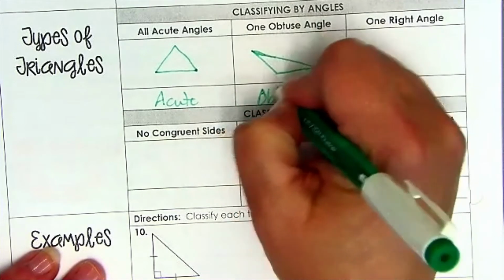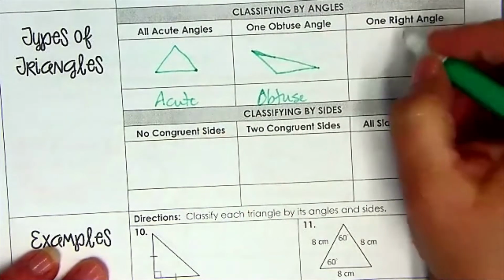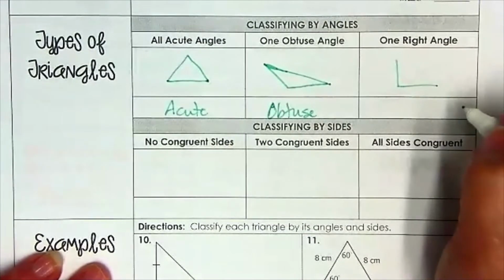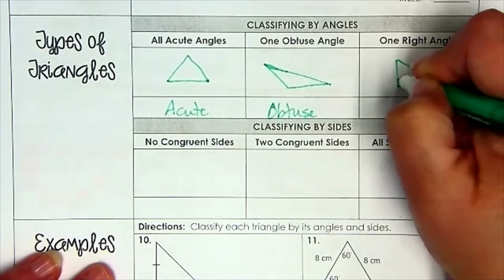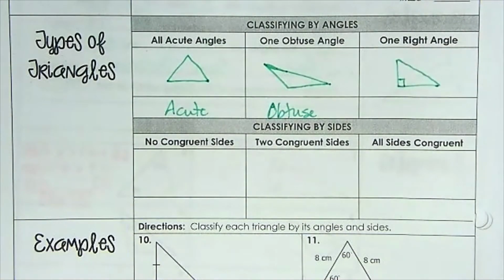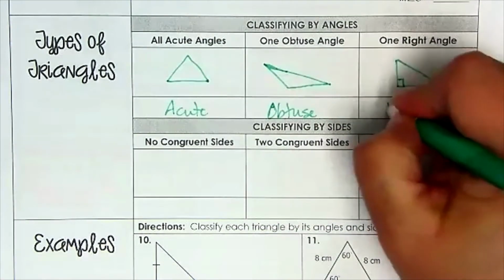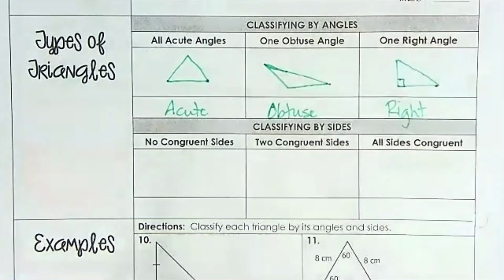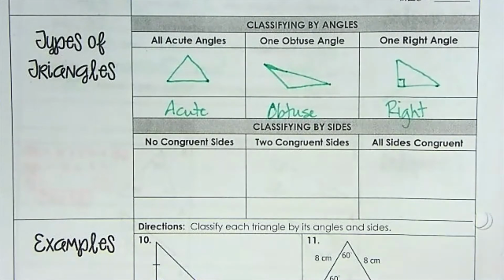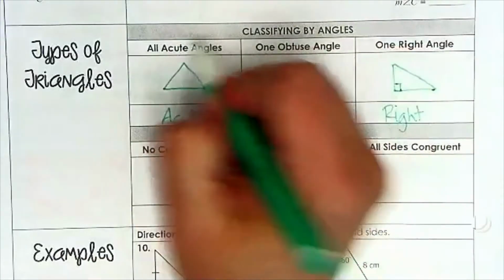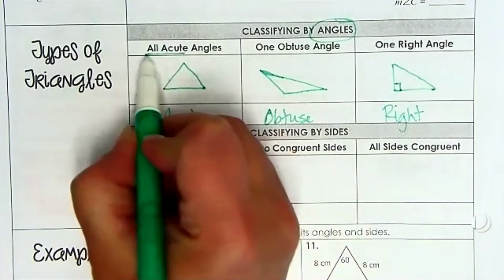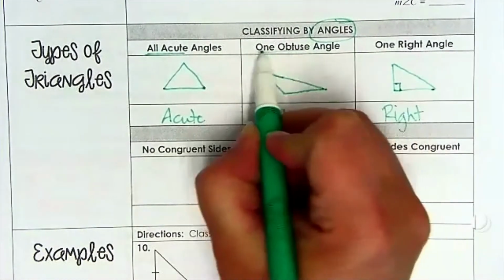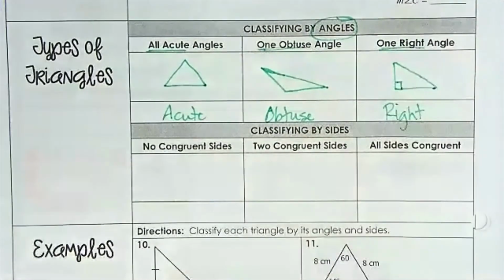So this is obtuse. And then you have the right triangle, which is noted by the square or the box in the corner. And this is called right, or it would say it's 90 degrees. Now we're going to label by the sides. This was labeled by the angles. So it's all acute for acute, one obtuse for obtuse, one right for the right.